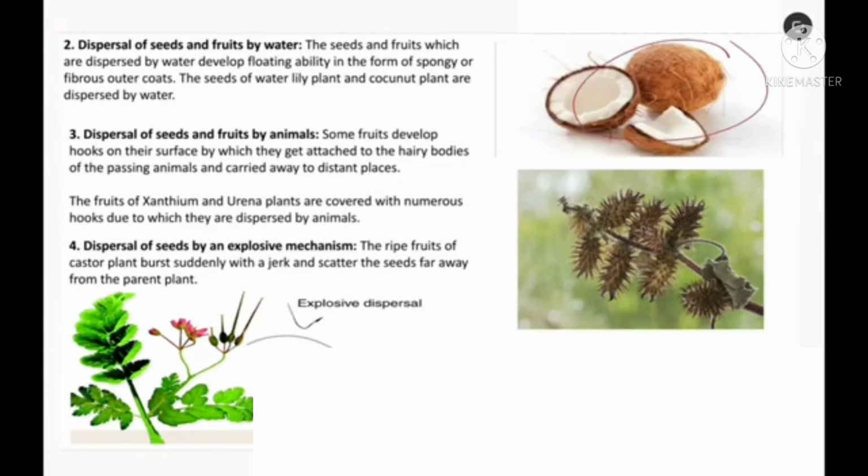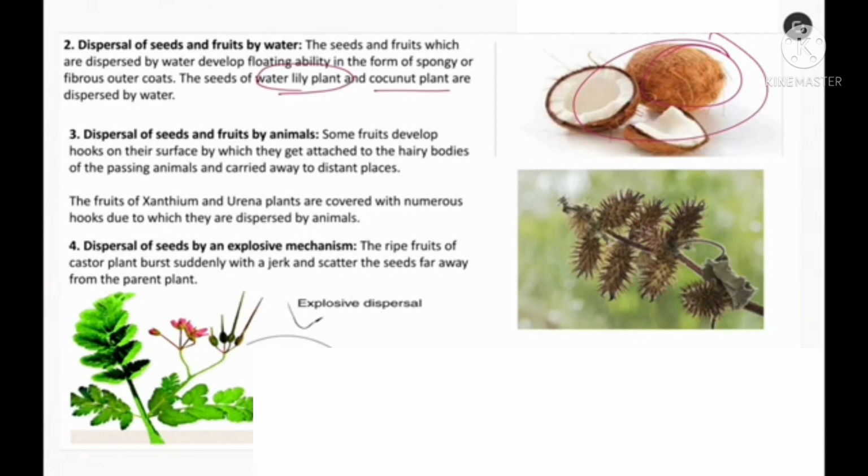The next is dispersal of seeds and fruits by water. Seeds and fruits dispersed by water develop floating ability in the form of spongy or fibrous outer coats. The seeds of the water lily plant and the coconut plant are dispersed by water. Next, dispersal of seeds and fruits by animals.